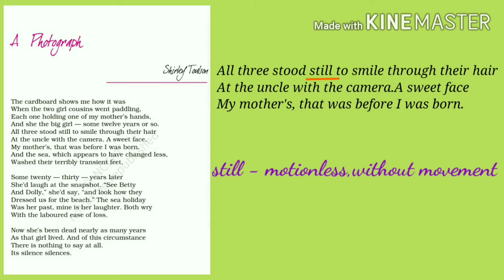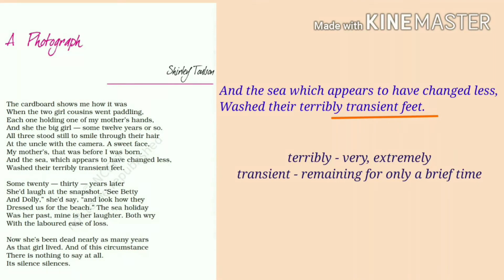All the three girls were getting ready for the photograph. Their uncle was about to take the photo. Now, by indicating the photograph, the poetess tells us that a girl with the sweet face is her mother. And this photograph was taken before she was born, because it is the childhood photo of her mother.